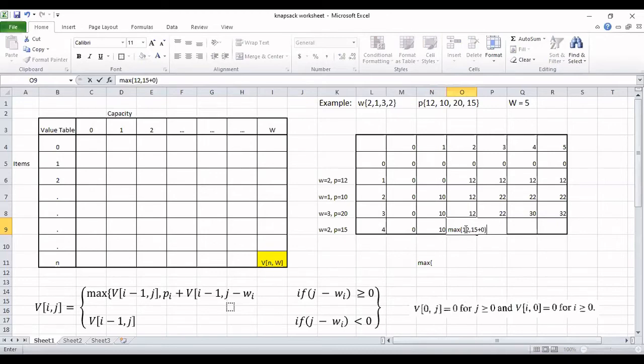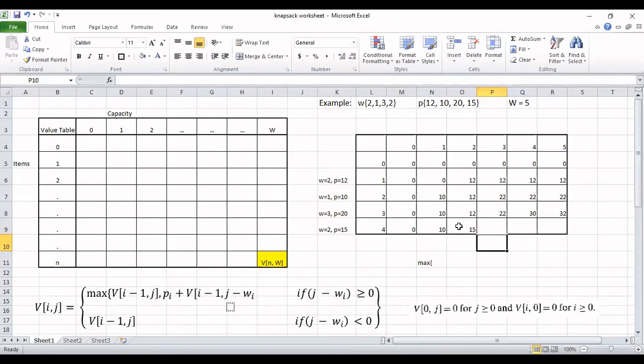You are taking out the weight of that item from the knapsack, so you're reserving that, and the profit is 0. So we get max of 12, 15 plus 0. So we get a value of 15. Fine, simple.